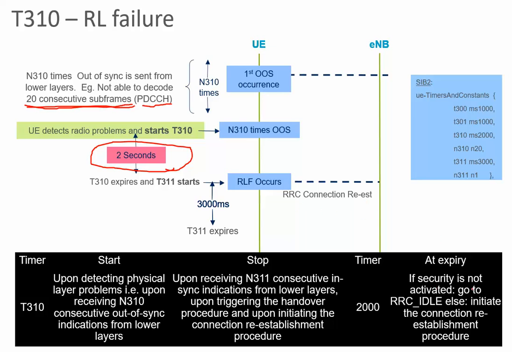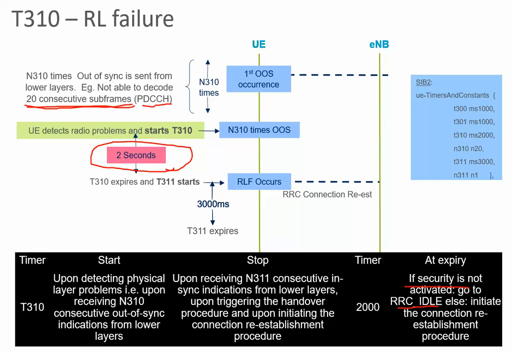Re-establishment has one condition: if security is not activated, then the UE goes to idle mode. If security is activated, then the UE sends an RRC connection re-establishment request to the eNodeB. So the T310 timer is used for RLF failure.